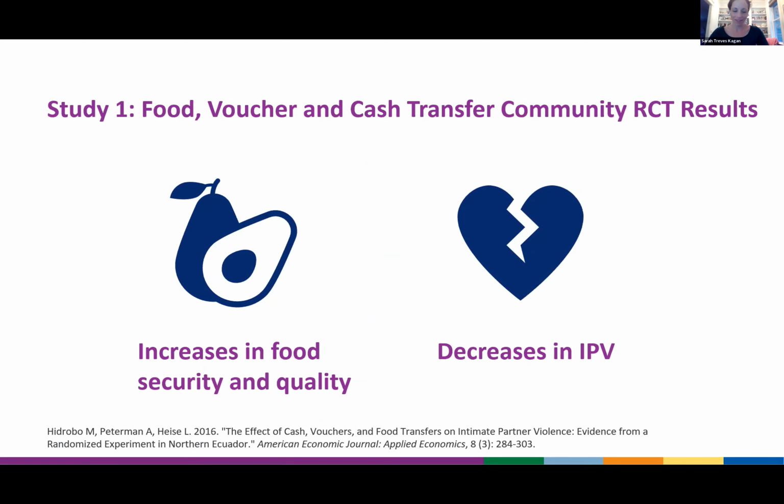The researchers found that the food voucher and cash transfer project increased food security and quality and decreased IPV in all of the intervention communities, regardless of modality.